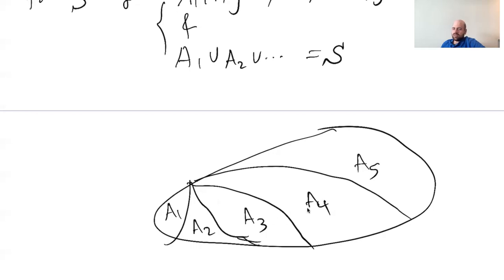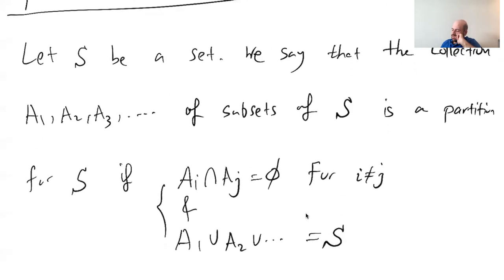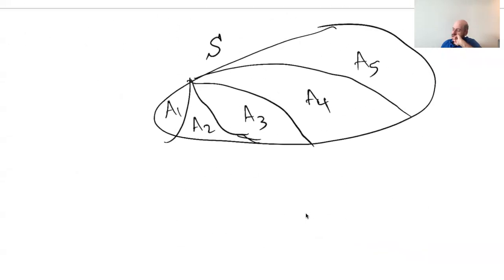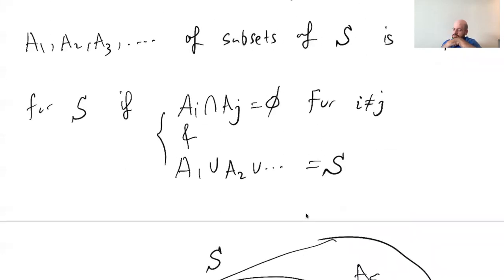So these sets are pairwise disjoint, and the union of all of them is the whole set S. Then we say that this collection of subsets of S is a partition for S. So in this case, A1 to A5 is a partition for S because they're pairwise disjoint and the union of all of them is S.